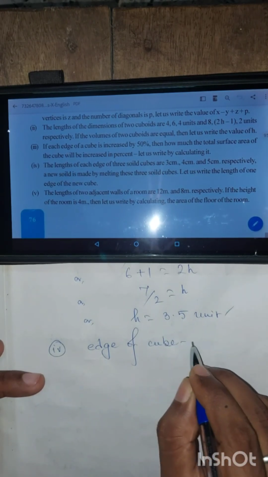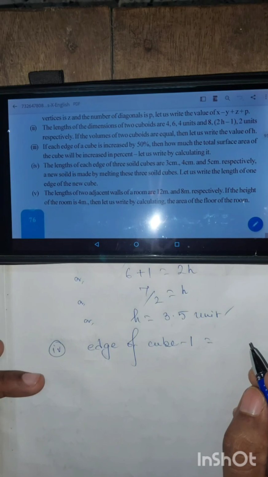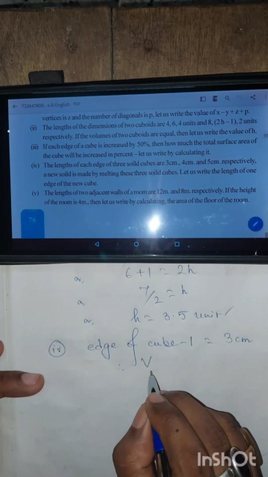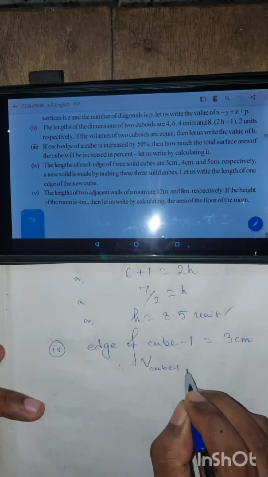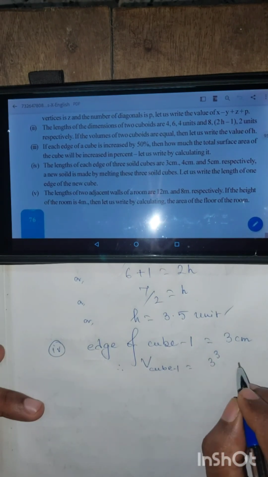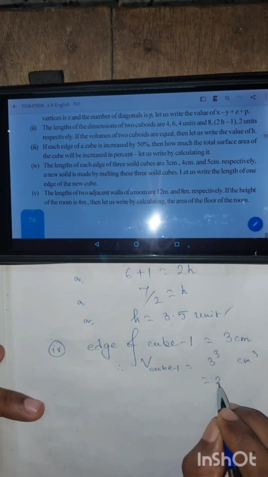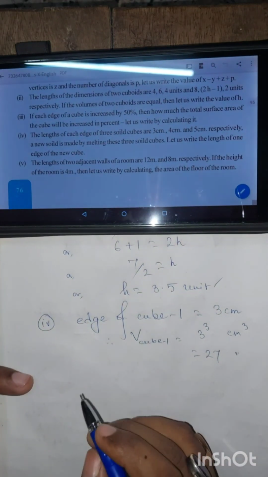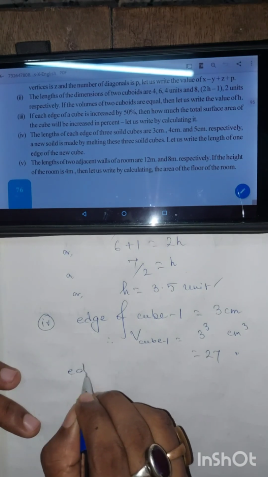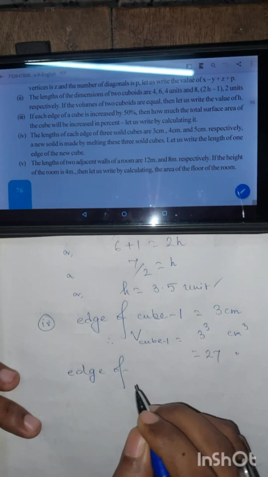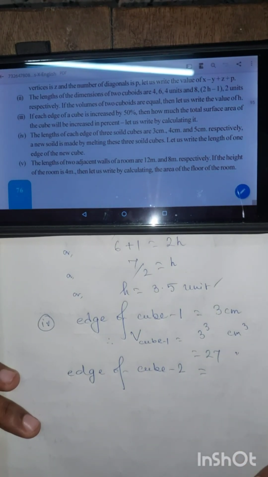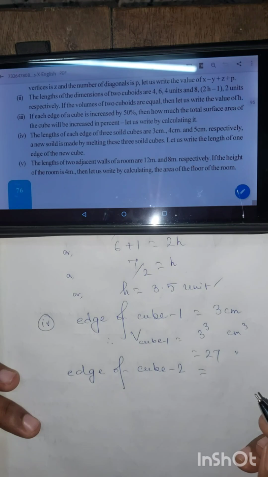Edge of cube 1 is equal to 3 centimeter. Therefore, volume of cube 1 is equal to 3 cube centimeter cube. Edge of cube 2 is equal to 4 centimeter.